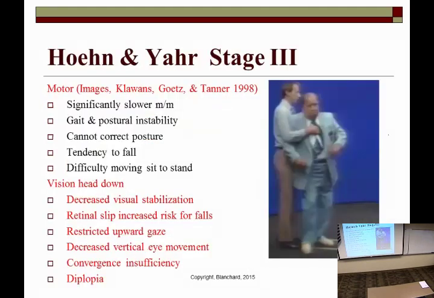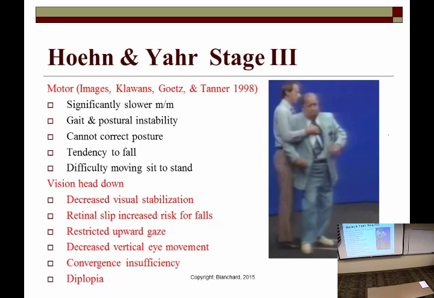Okay. On stage 3, Hoehn and Yahr, it's the visual stabilization. Remember I talked about the clients have poor contrast sensitivity, but because their eyes are not working together well, and it goes back to the striated muscles, they tend to not be able to hold an image on the retina for a long time.